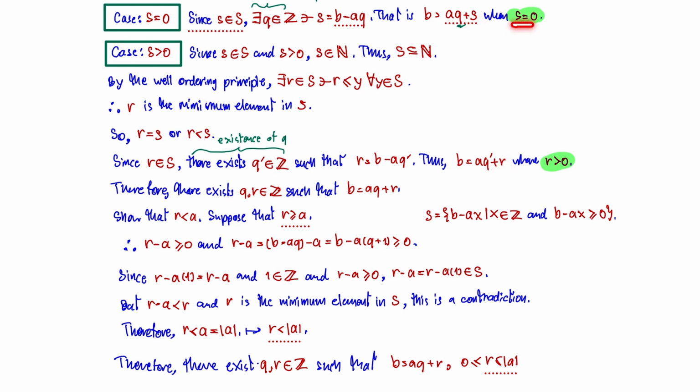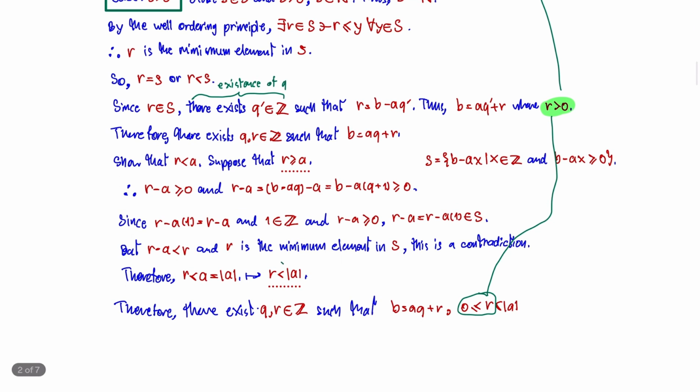The remainder can be 0, and the remainder can be greater than 0. So we can conclude that R is greater than or equal to 0. And we've just shown that R is less than the absolute value of A. So we have R less than the absolute value of A right here.